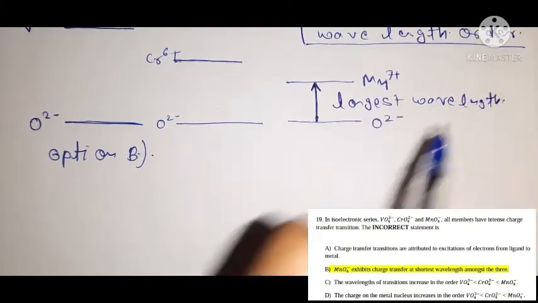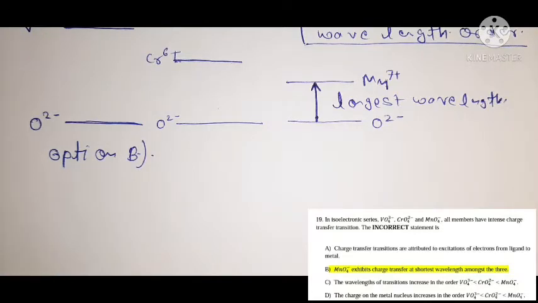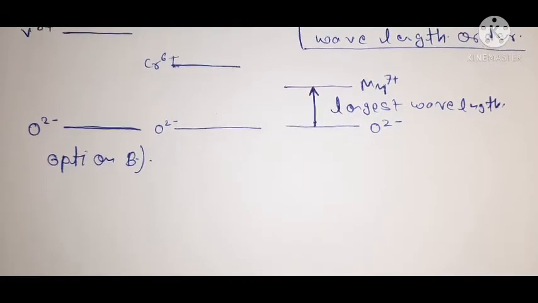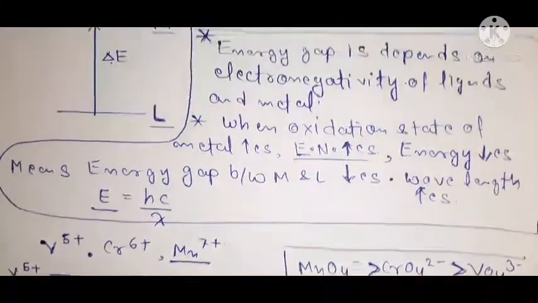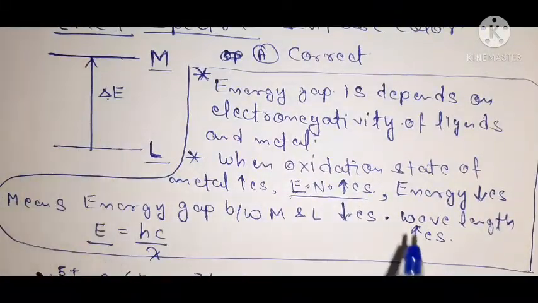So option B is the incorrect statement for this question. Understand? Now see once again the whole solution of this question, friends. This is an important concept. Remember this concept. On the basis of this concept, you can clearly solve this question.